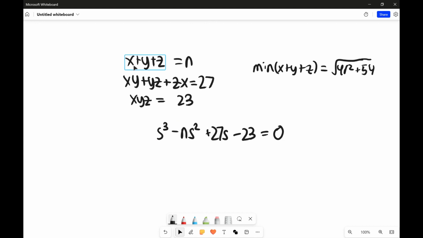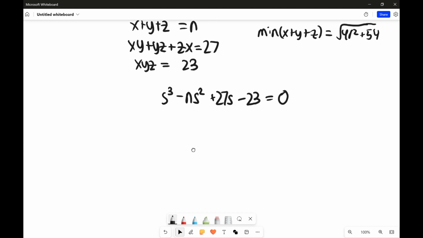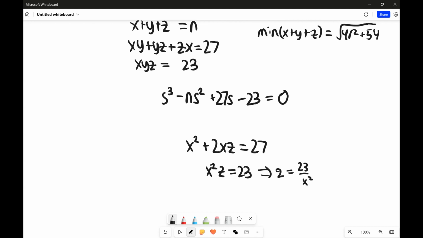So let's, without loss of generality, assume x and y are equal. Then these above equations reduce to x squared plus 2xz is equal to 27, and x squared z is equal to 23. This last equation implies z is equal to 23 over x squared.